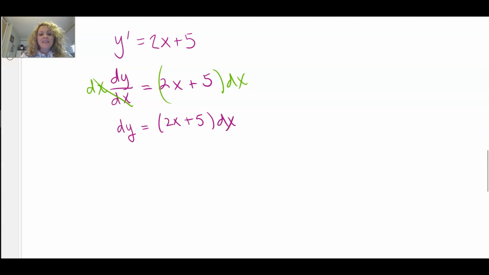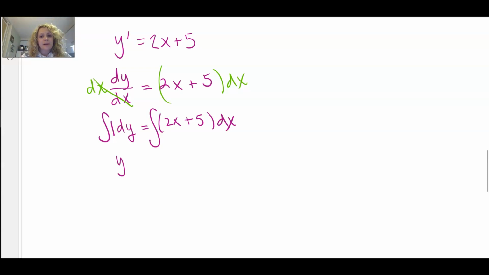So when we get to that integration step, here's why this is important. When we integrate on both sides of the equation, what we're really integrating on the left-hand side is 1 times dy. So that's how the left-hand side becomes y.